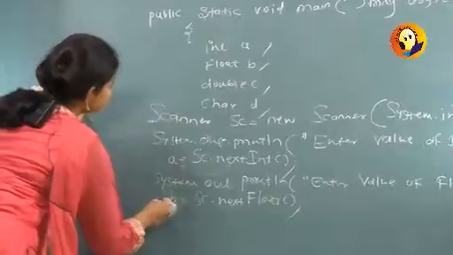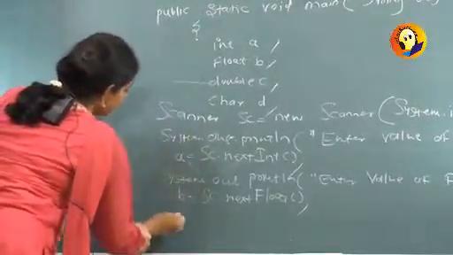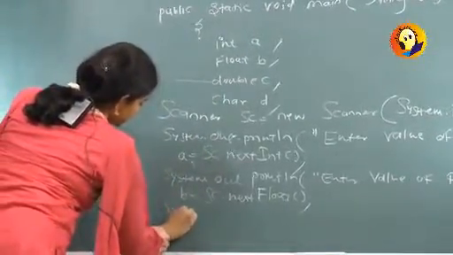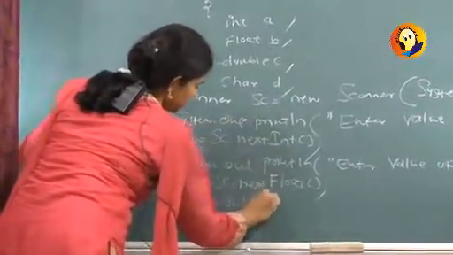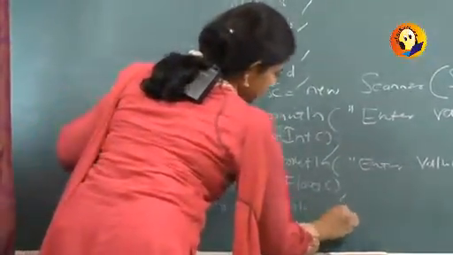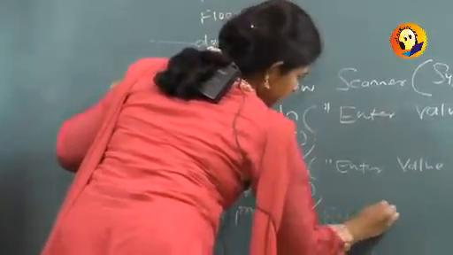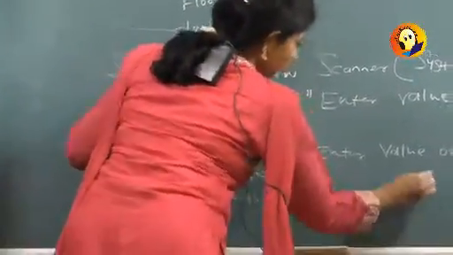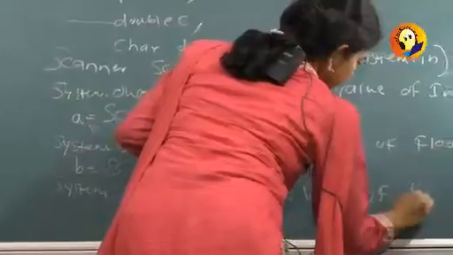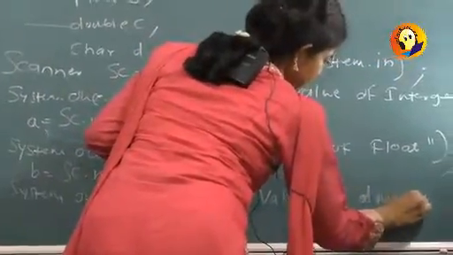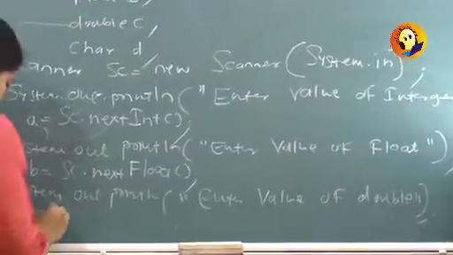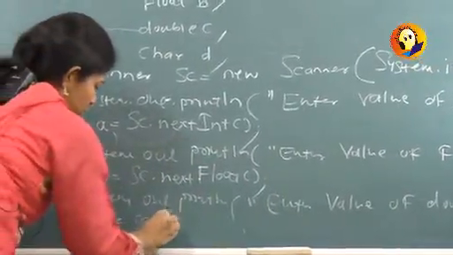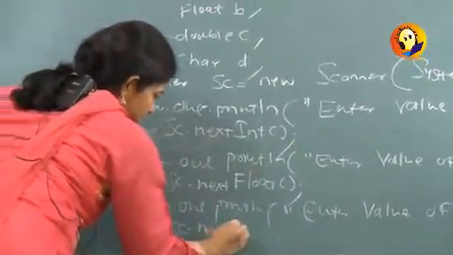Third one, if I want to read a double value, then display a message on screen in the same way, System.out.println, enter value of double variable, and store that value into the c variable. c is equal to sc.nextDouble.